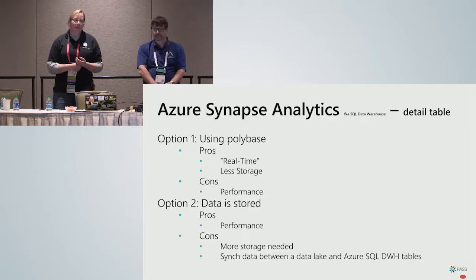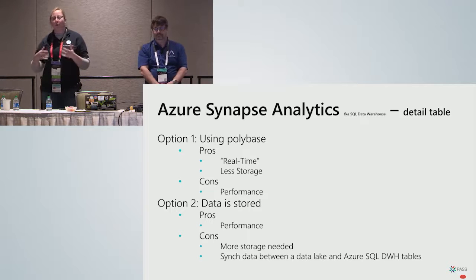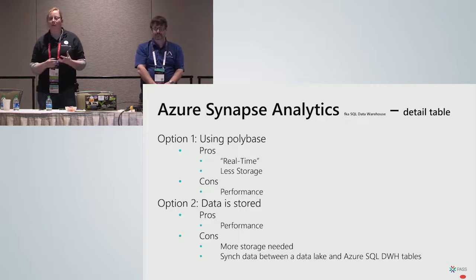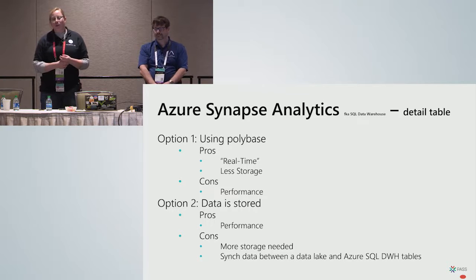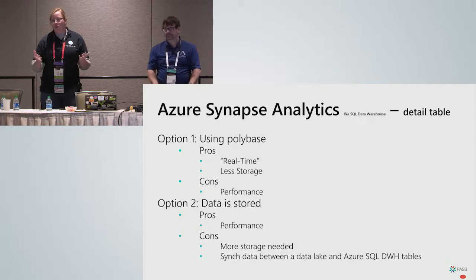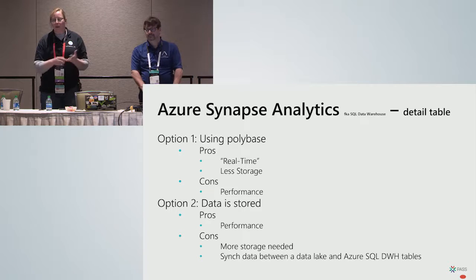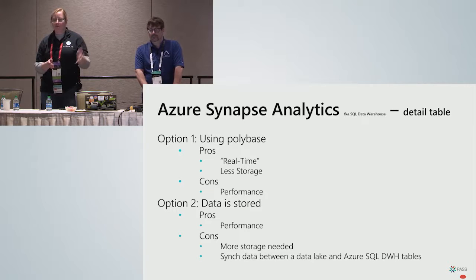Because Azure SQL DW, depending on which scale you're actually running at, is limited not on how many connections are built up, but how many queries are actually run in parallel, which is especially important when you're thinking about a Power BI dashboard or a Power BI report. If you think about a Power BI report with 10 pages, 8 visuals on each page, you have 80 queries run against the Azure SQL DW.